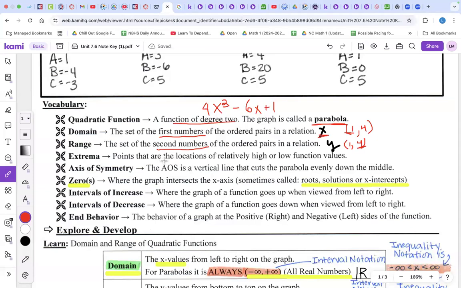Extrema is the points that are locations of relatively high, very important, high or low values of the function. Actually, here, I need you to make a note that you're talking only about the curve.